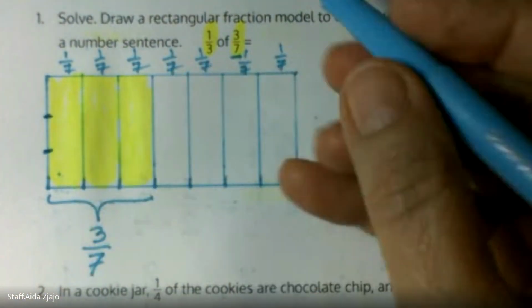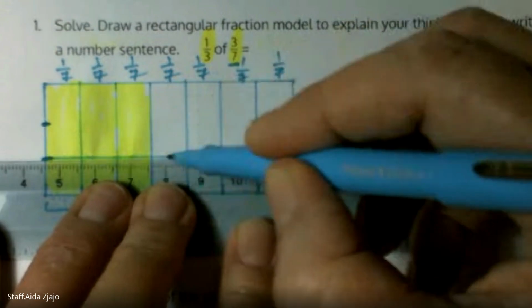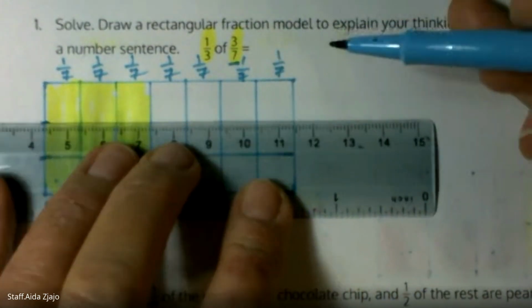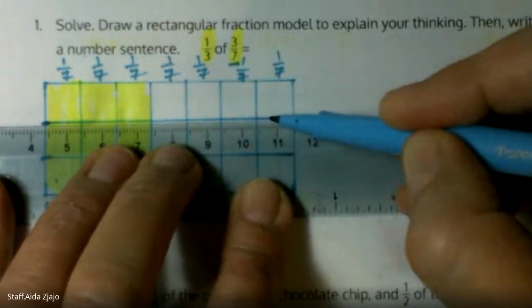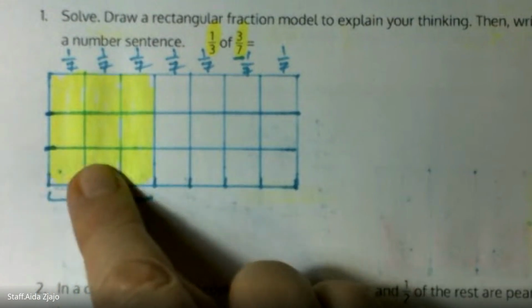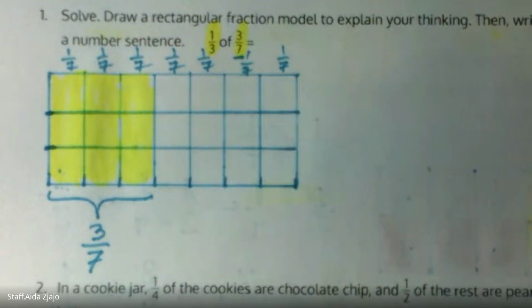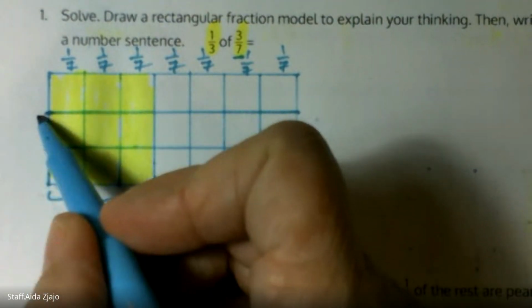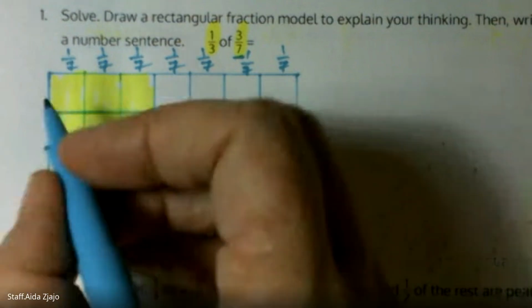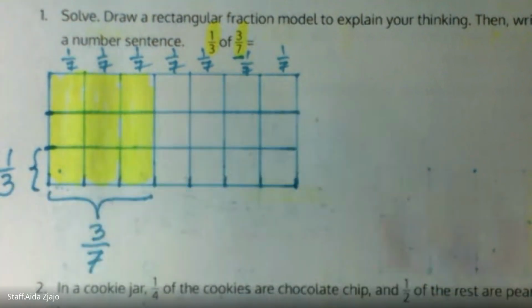So when I do that, I will have 1/3, 2/3, and 3/3. So when you look horizontally, 1/3, 2/3, 3/3. I don't need the 2/3 or the 3/3. I need only this 1 out of 3 pieces.